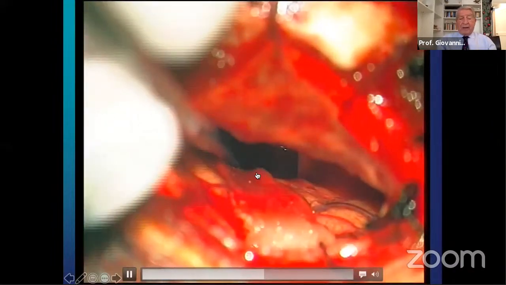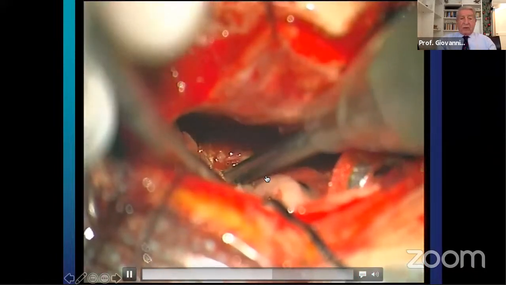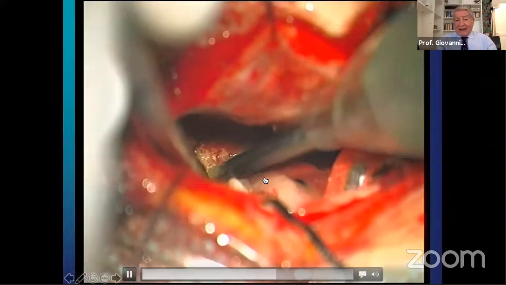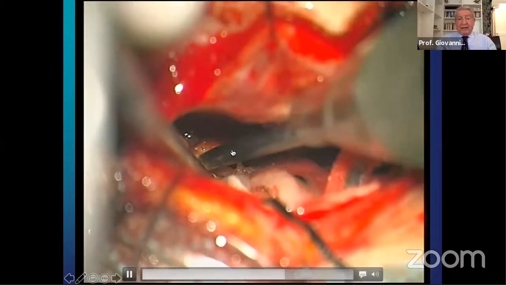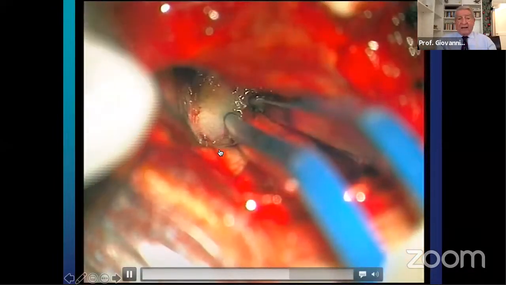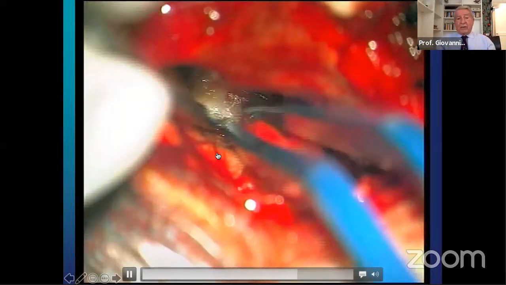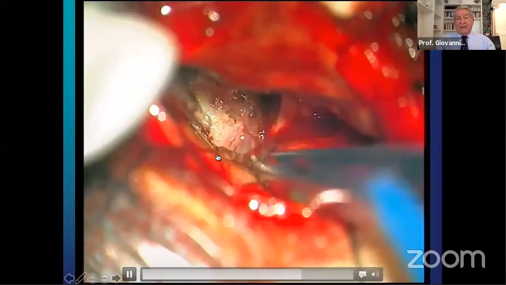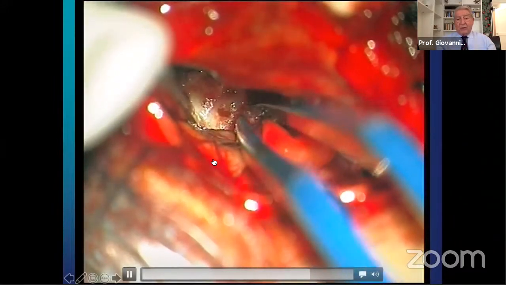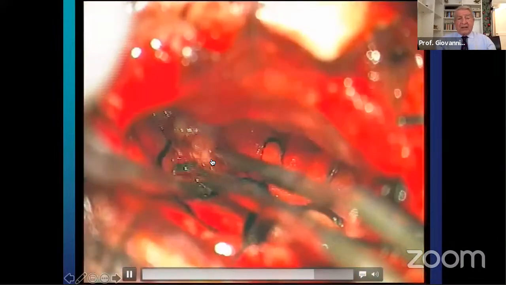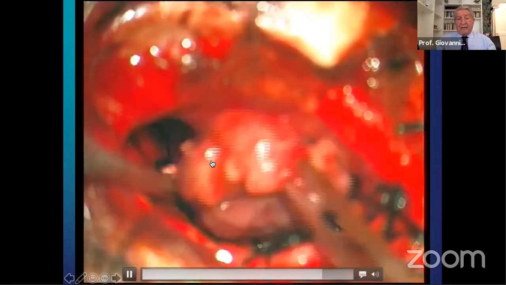And of course the balcony is what they are using also with large craniotomy, with the other situation of meningioma. And it's quite easy to have a corridor in which you can work with the usual instruments. And I think that is quite important. You don't need to have special forceps or microsurgical micro instruments.